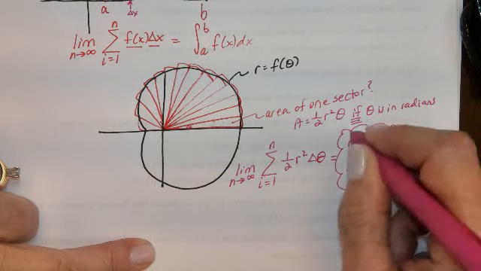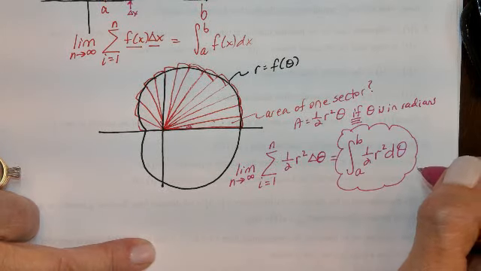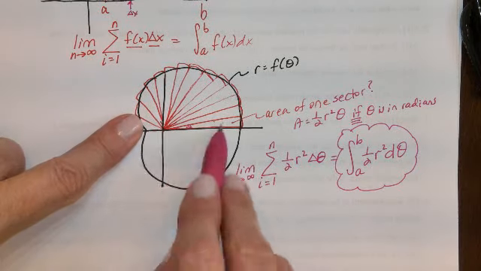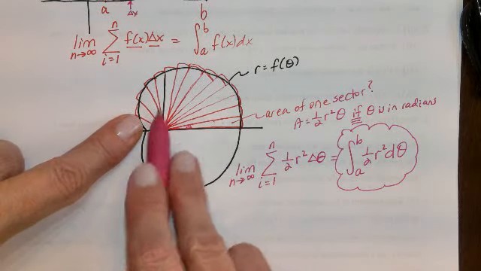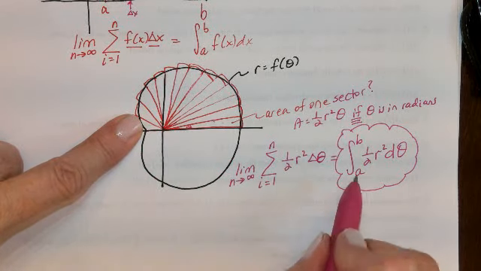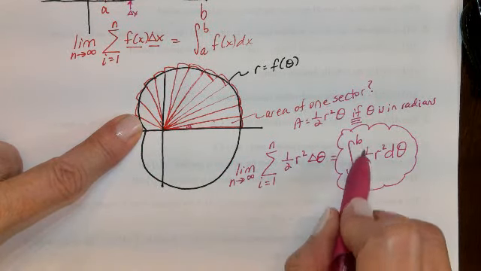That's where the magic is. So, how do we get the area of this entire figure if it is a limacon? Well, a limacon would need to go from 0 to 2 pi.